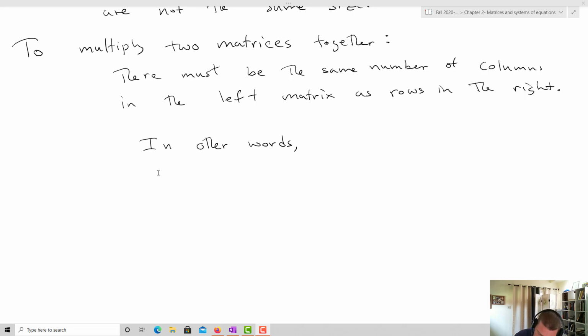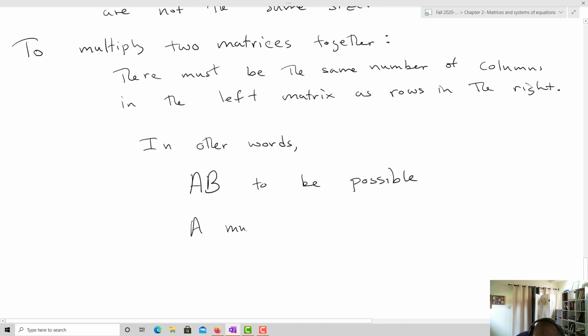In other words, for AB to be possible, A must be n by m, and B would then have to be m by p.